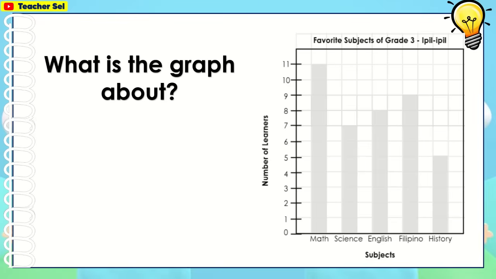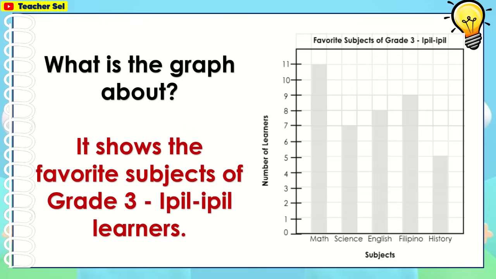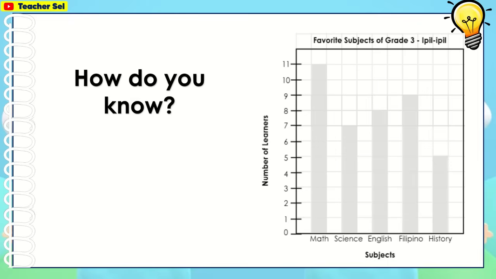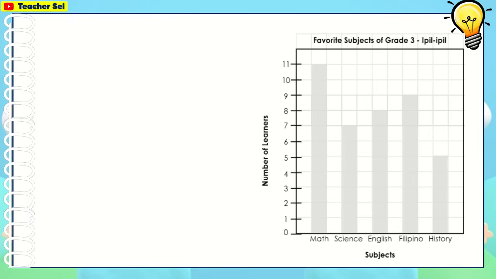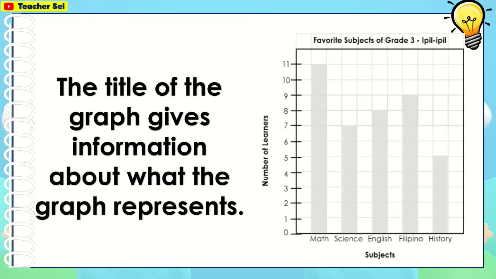What is the graph about? It shows the favorite subjects of Grade 3 Ipil-Ipil learners. How do you know? The title of the graph tells us what it is about. The title of the graph gives information about what the graph represents.